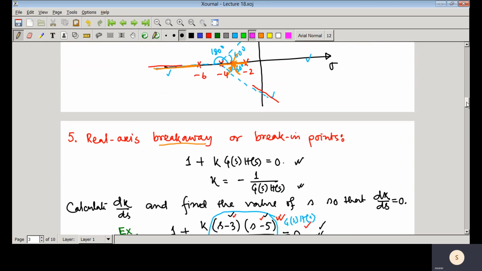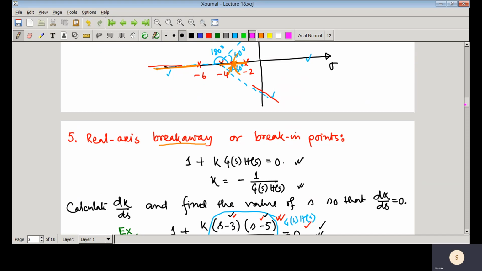And the fifth one is the real axis breakaway and break in point. There is a value of k at which the closed loop poles go away from the real axis.